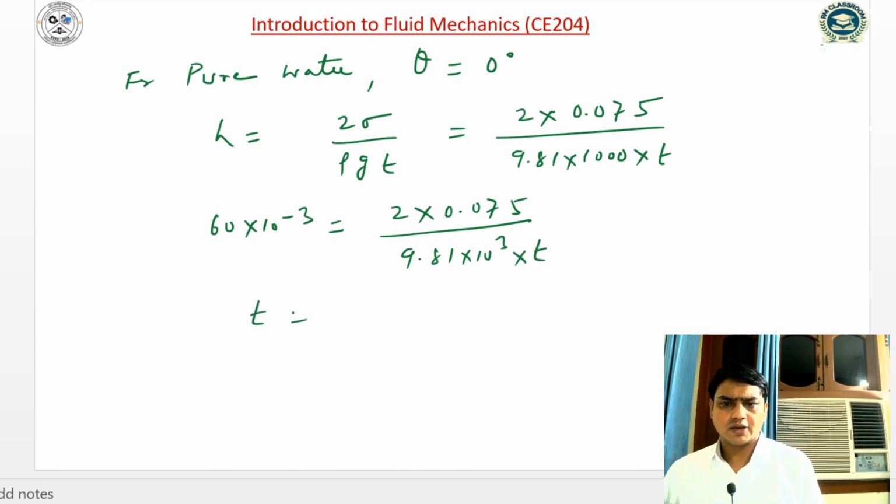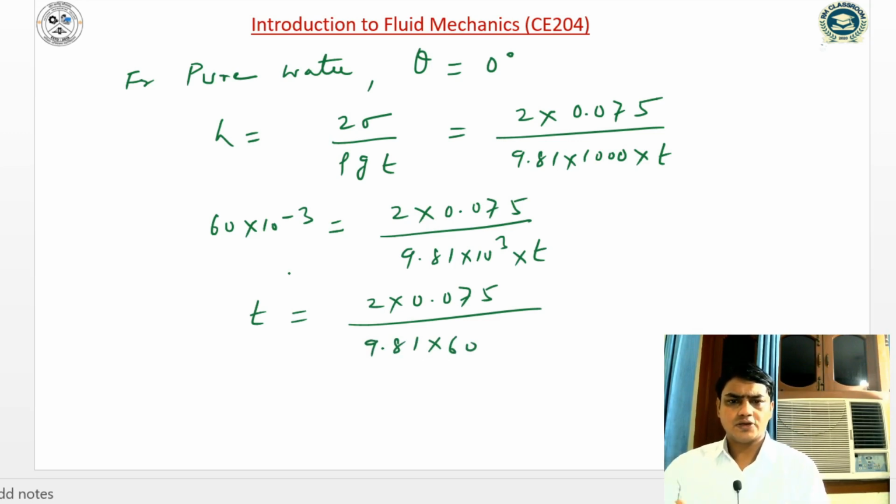So here t can be computed as 2 into 0.075 divided by 9.81 into 60. 10 to the power 3 and 10 to the power minus 3 cancel out. So it will be 2 into 0.075 divided by 9.81 into 60.